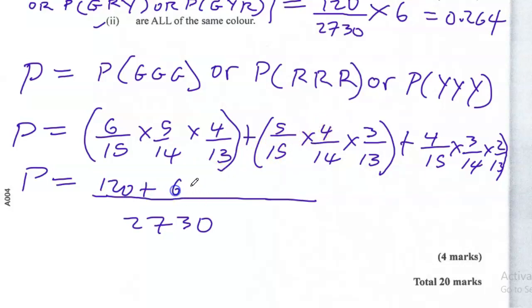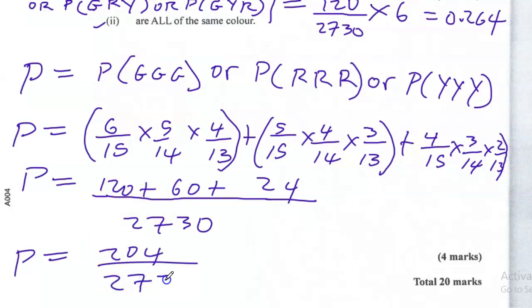That's 60, 5 times 4 times 3. And 4, 3, 12 times 2, 24. So the probability here becomes 204 over 2730, which would give us 0.075.